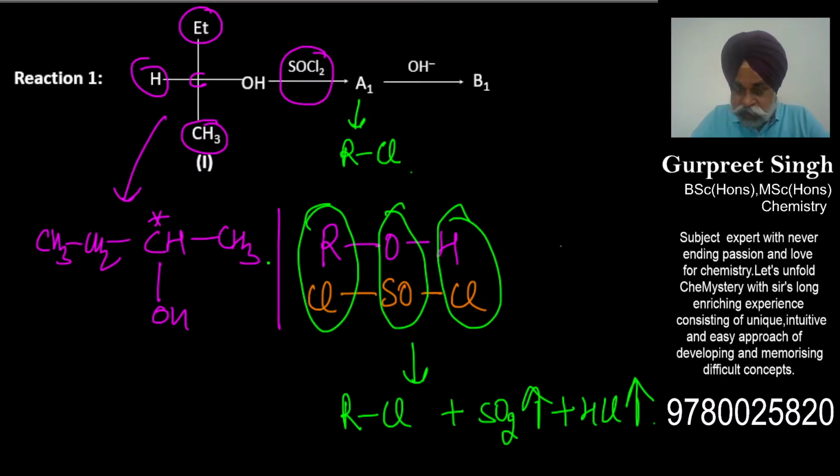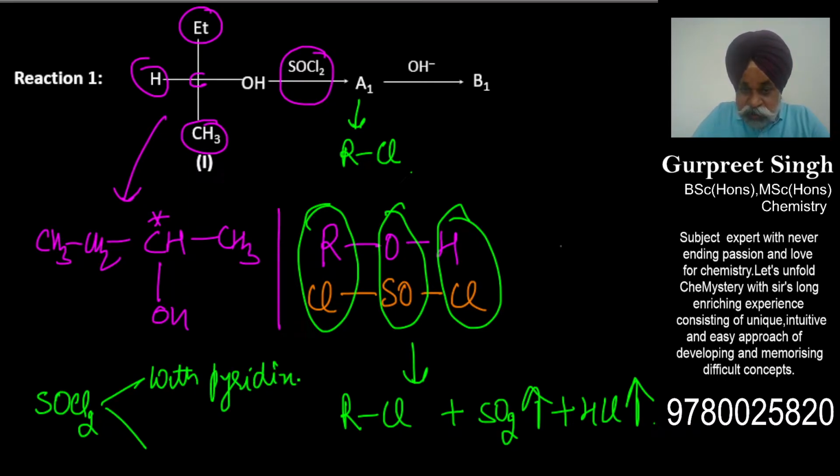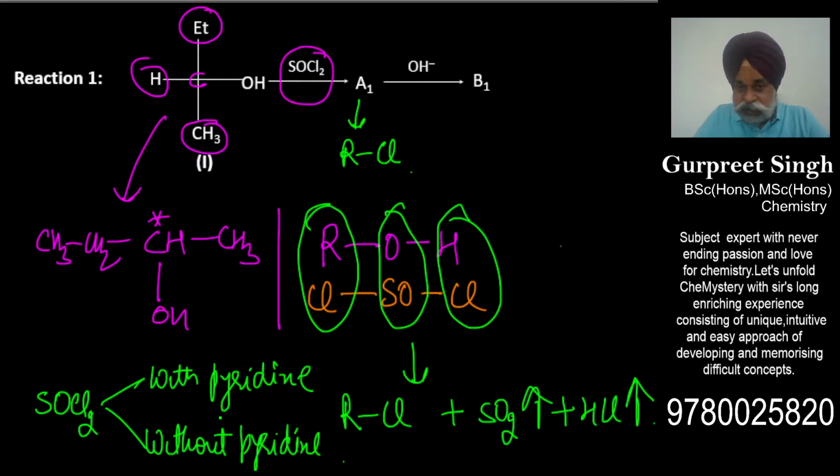Now we have to check what configuration or what stereochemistry aspect would be engaged, because treating alcohol with thionyl chloride can happen in two ways: with pyridine, which engages the stereochemistry aspect, and without pyridine. Here the pyridine is not mentioned, so we will be doing it without pyridine, and we'll see how the stereochemistry engages with it.